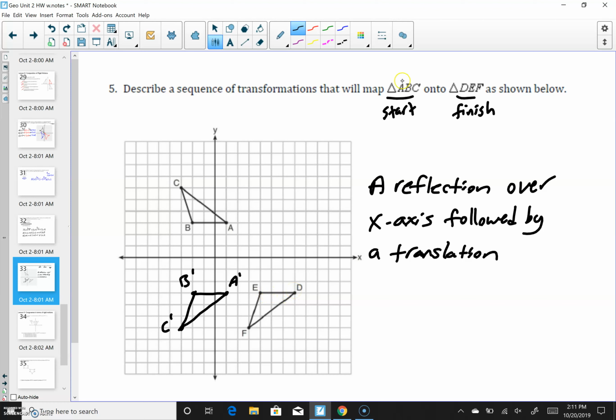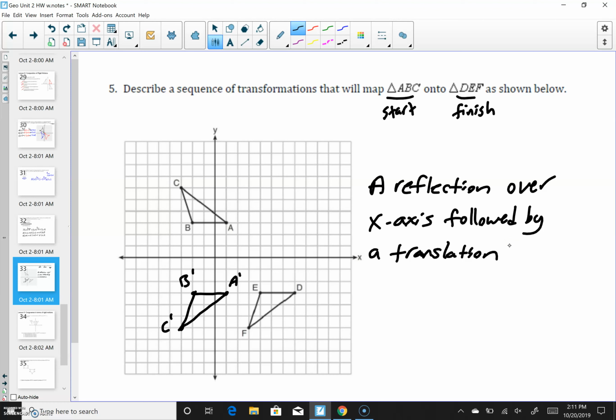Now notice, A matches up with D, B matches up with E, and C matches up with F. So I want to make sure that I'm matching up my letters correctly, which is why I counted from the A prime to the D. If you count B prime 1, 2, 3, 4, 5, 6 to E, and C prime 1, 2, 3, 4, 5, 6 to F. So remember, first letter with first letter, second with second, third with third.